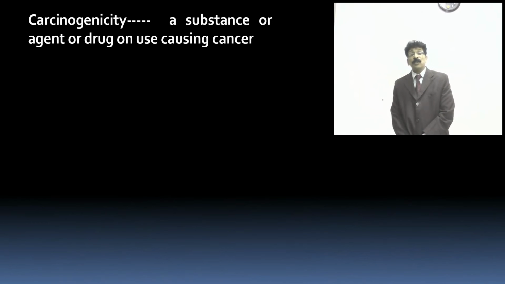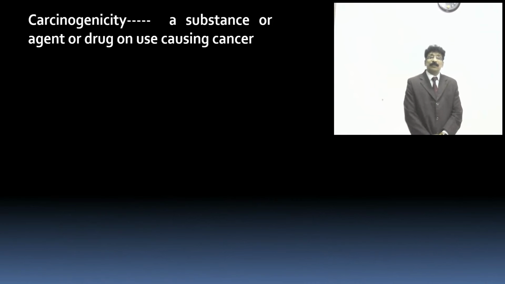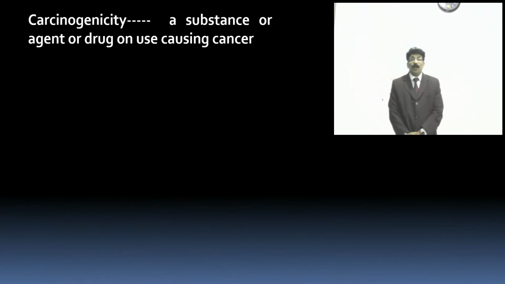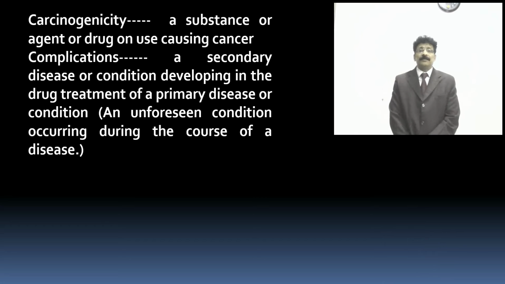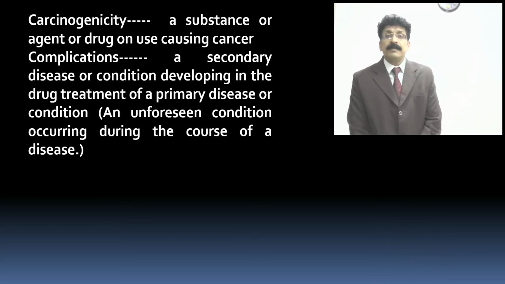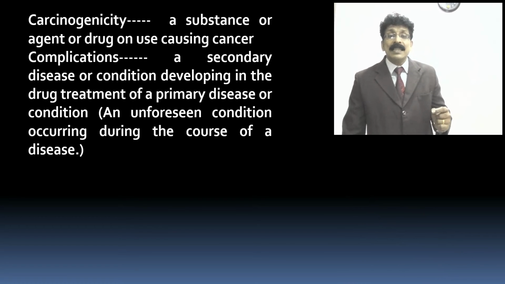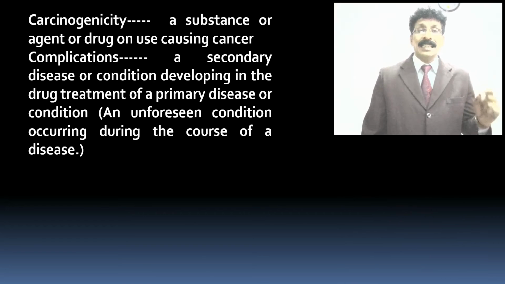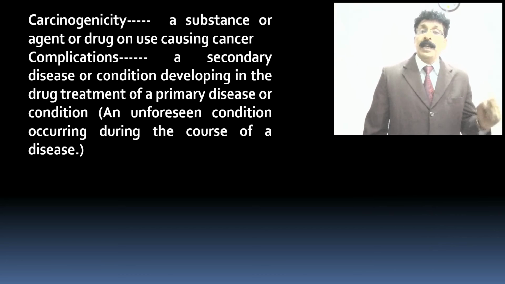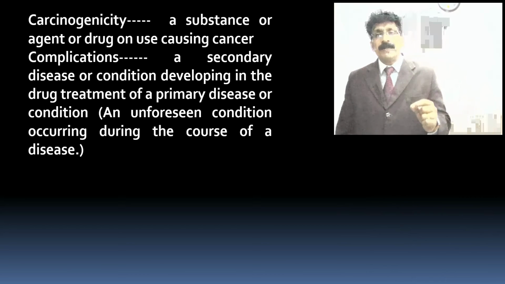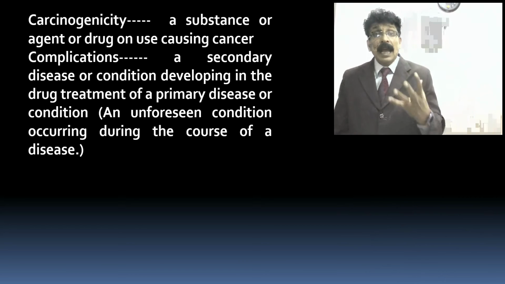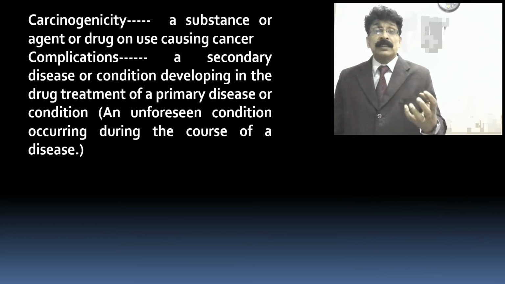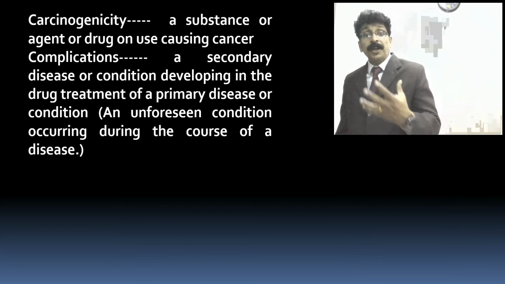Carcinogenicity, a substance or an agent or a drug in use causing cancer. Complication, a secondary disease or condition developing in the drug treatment of a primary disease or condition, or you can say an unforeseen condition occurring during the course of disease.